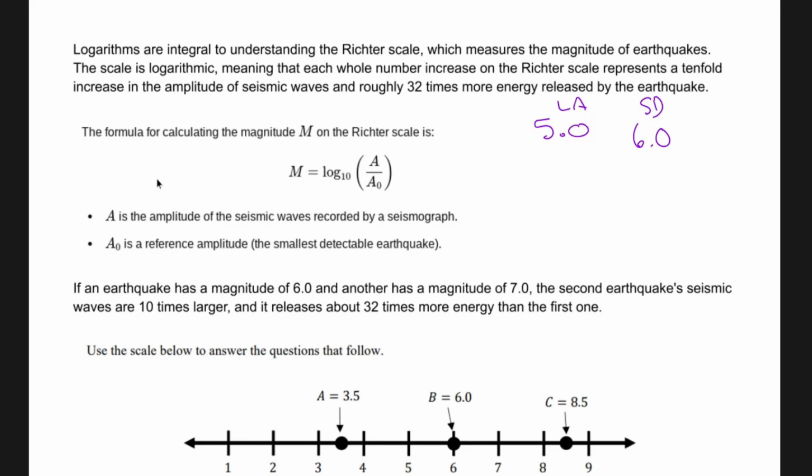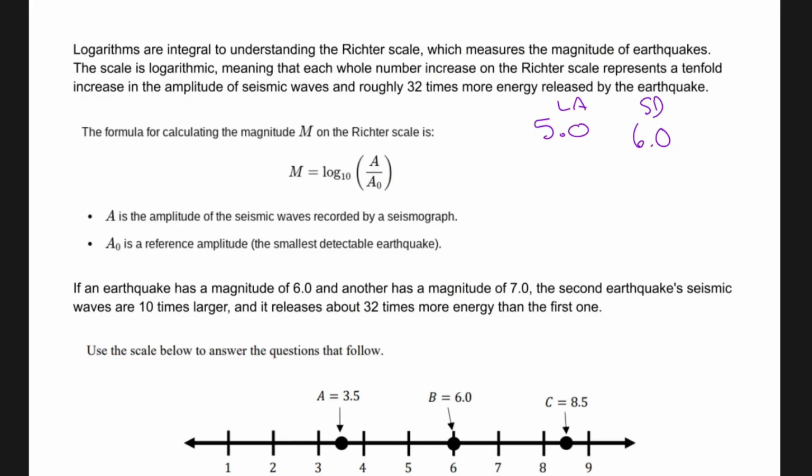The formula for calculating the magnitude is M equals log base 10 of A over A sub 0. A is the amplitude of the seismic waves recorded by a seismograph, and A sub 0 is a reference amplitude, the smallest detectable earthquake. That's really no big deal. That's not something I want you to lose sleep over.